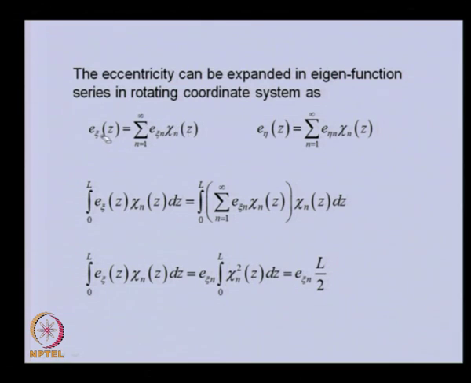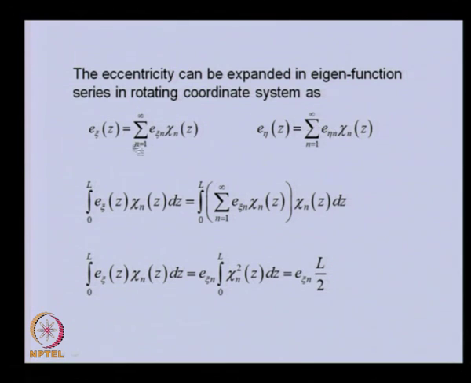This is in xi plane eccentricity variation, as we have shown in the previous slide. This is in the eta plane, and in both planes we have expressed this eccentricity variation in terms of the eigenfunctions multiplied by some constant.